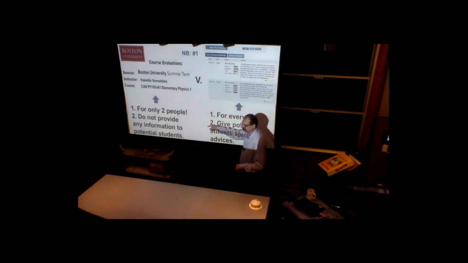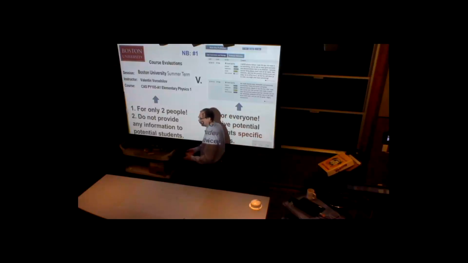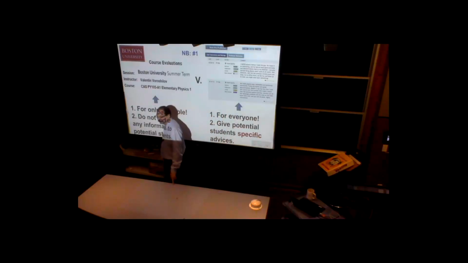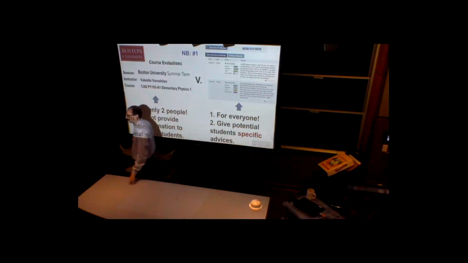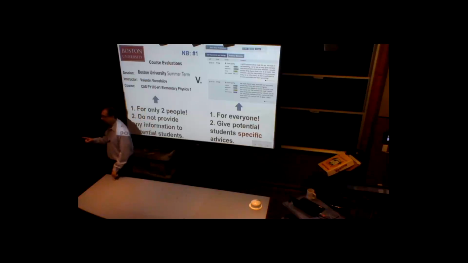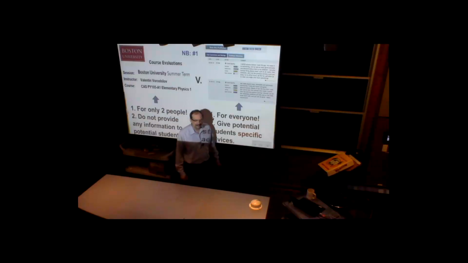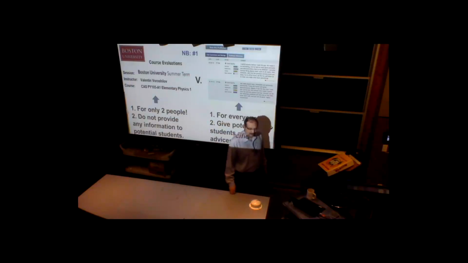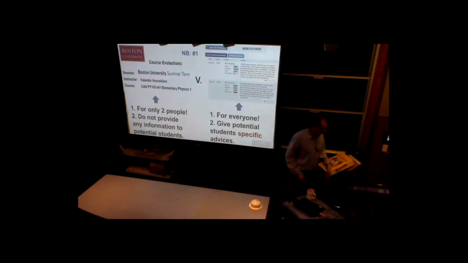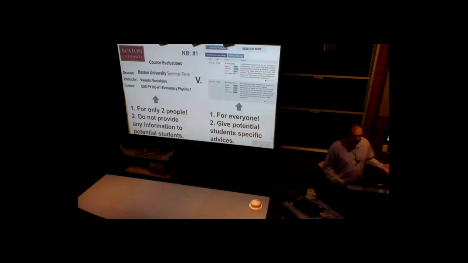Your evaluations, whether you like it or not, don't matter. There's only one person who reads them. There's another person who looks at the average number for the course. If that average is between like 2 and 4, no one cares about anything. So if you want to make a difference, you can put your evaluation in the open.